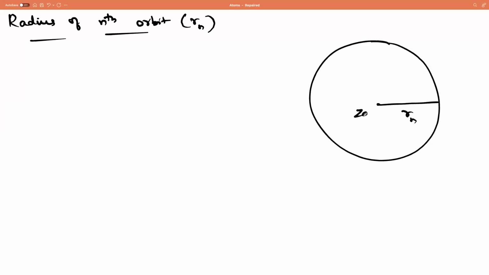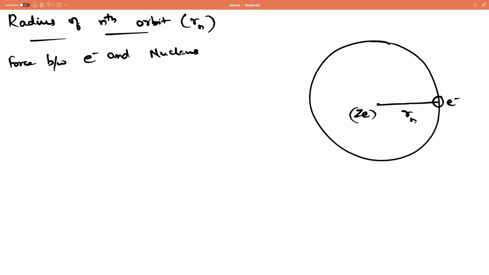Remember, here you have the nucleus. So the nucleus has a charge of Z times e, where Z is the atomic number, and you have an electron which is revolving in the circular orbit. So what is the force between electron and nucleus?